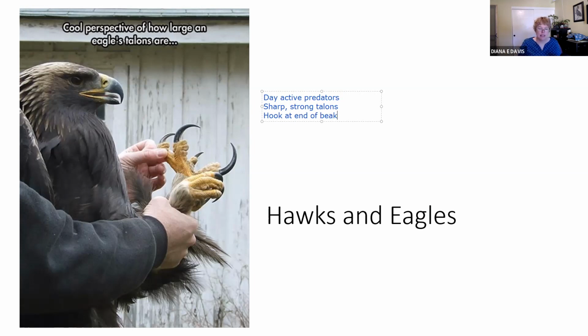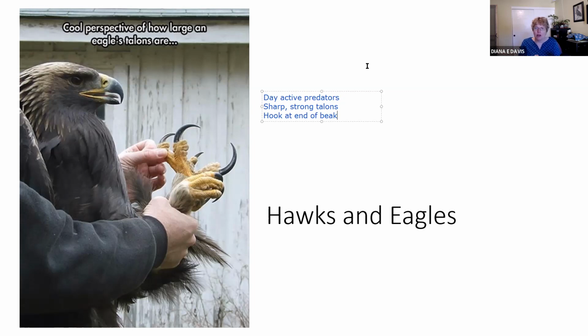This is an eagle. Eagles are, of course, the largest of the group. Hawks are smaller, but even small hawks can do some pretty serious damage to you. Generally, the first line of defense is going to be to grab you with their feet. They grab prey items with their feet, so grabbing with their feet is kind of their go-to thing.